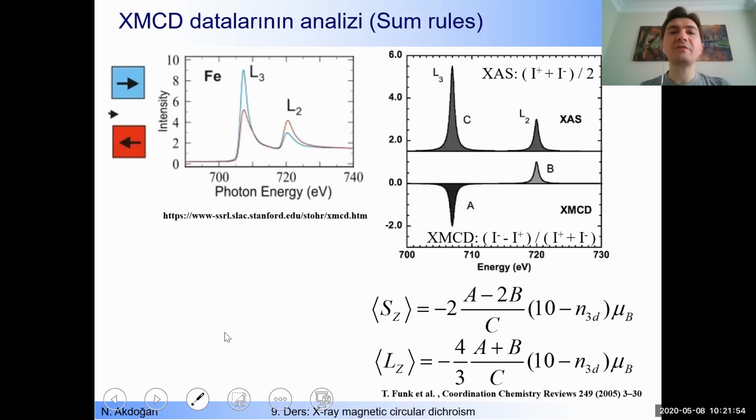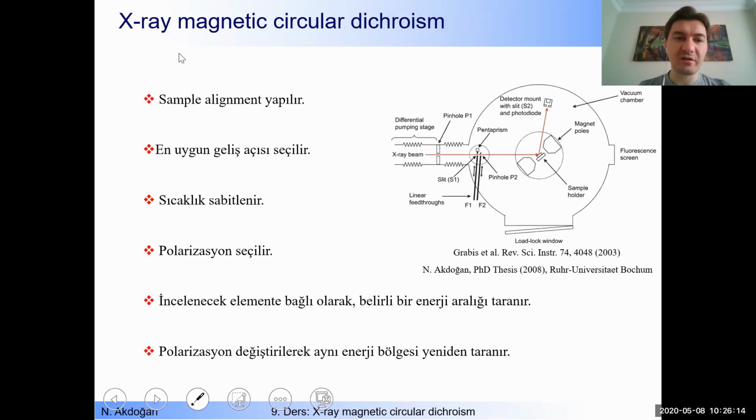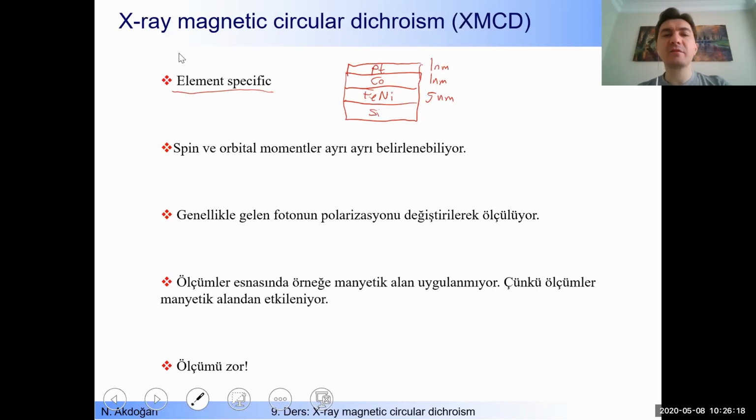So how to analyze XMCD results? What I told you at the beginning of my lecture is that by using the XMCD method, we can determine the spin and orbital magnetic moments of the elements within the sample separately, okay?